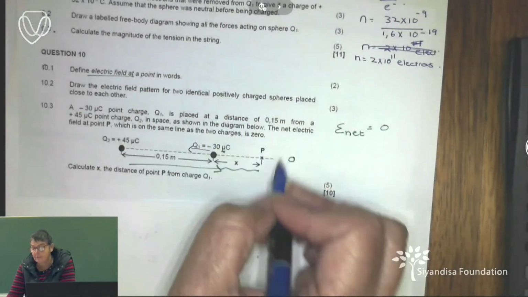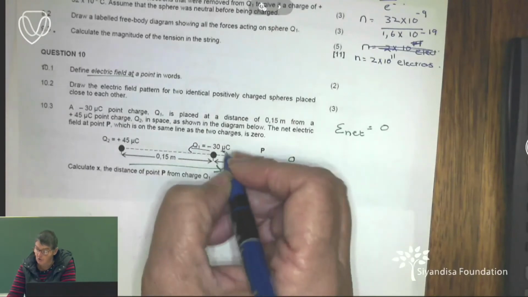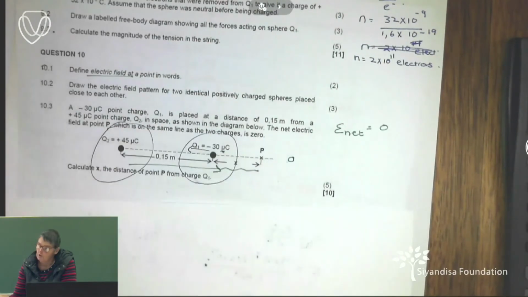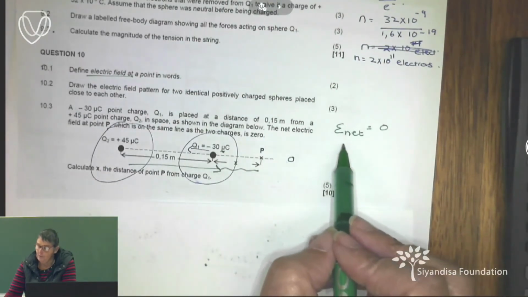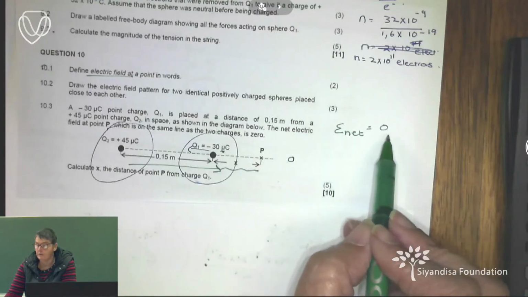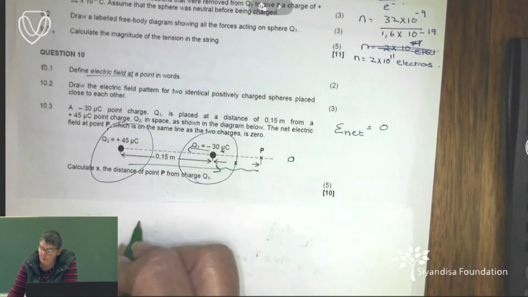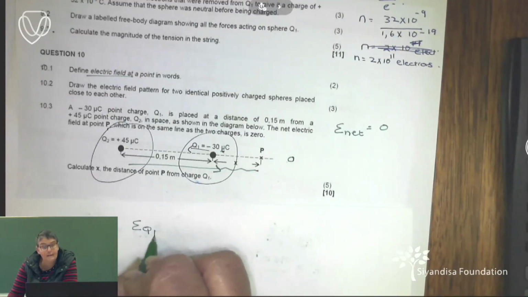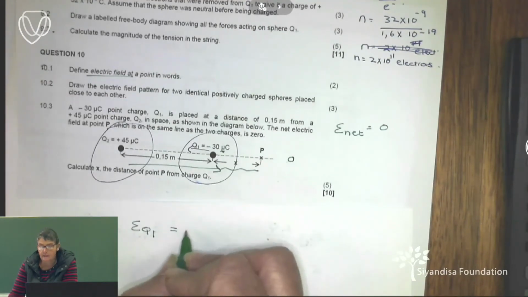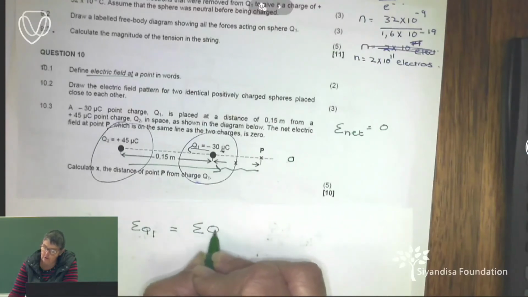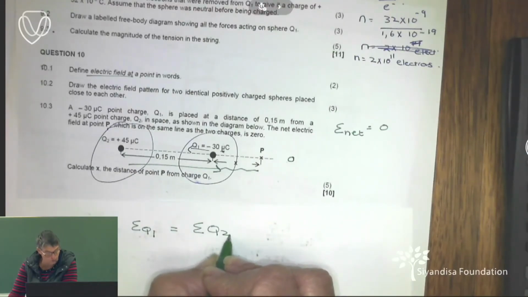And remember that electric field is in all directions, right round. So I then said, okay, my net electric field must be equal to 0, which means that the electric field that Q1 exerts must be equal to the electric field that Q2 exerts.